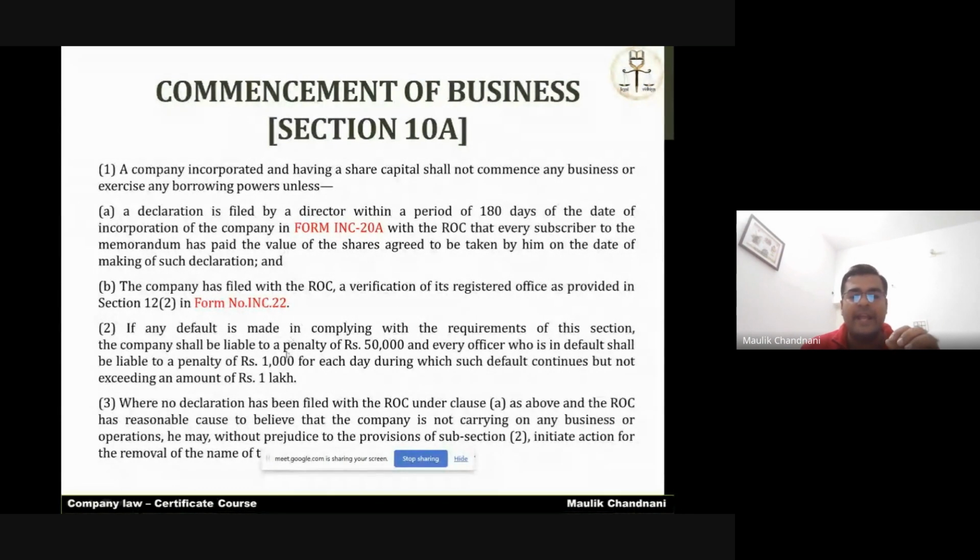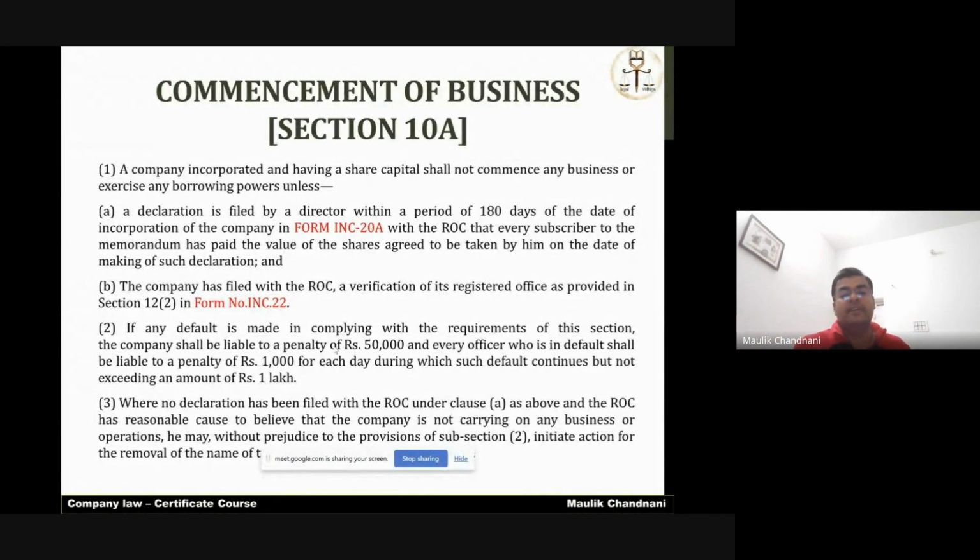Now, if you had made any default, in clause A or clause B, you will be charged a penalty of 50,000. That means the company will be liable to pay the penalty. Who is the authority to impose the penalty? The ROC. Where the word fine is there, the court, the NCLT, will come into the picture. But here the word penalty means you pay online to the ROC on the MCA website.